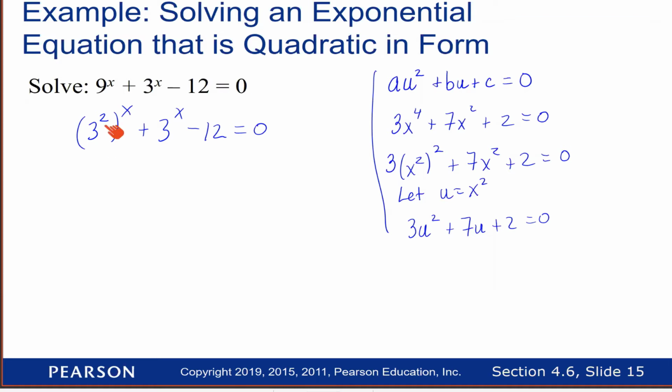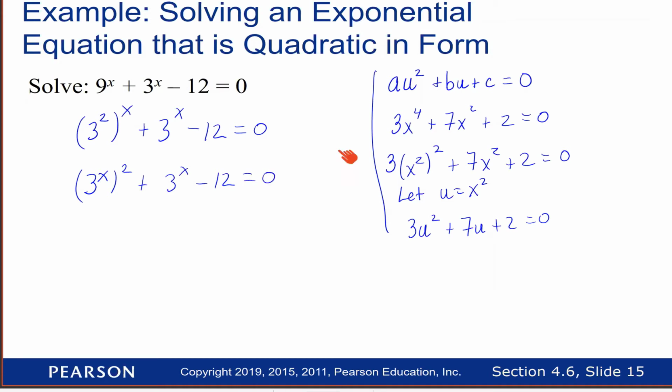When you have an exponent raised to an exponent, you multiply the exponents. So this is really 3 to the 2x power. But 2x is the same as x times 2. So in other words, I can flip-flop these exponents and rewrite this as 3 to the x, all squared, plus 3 to the x, and then minus 12 equals 0.